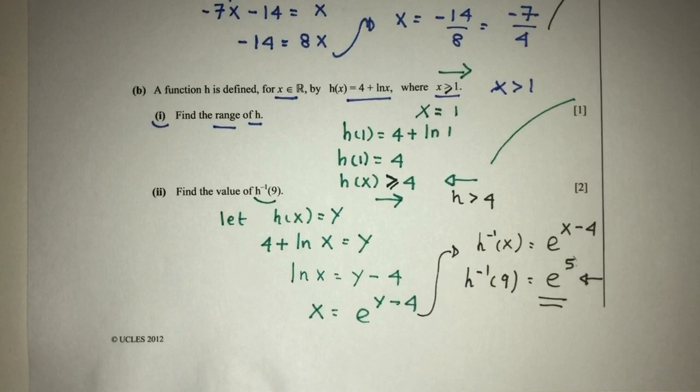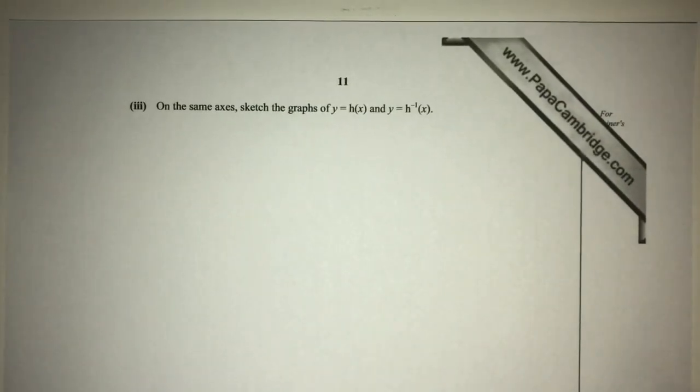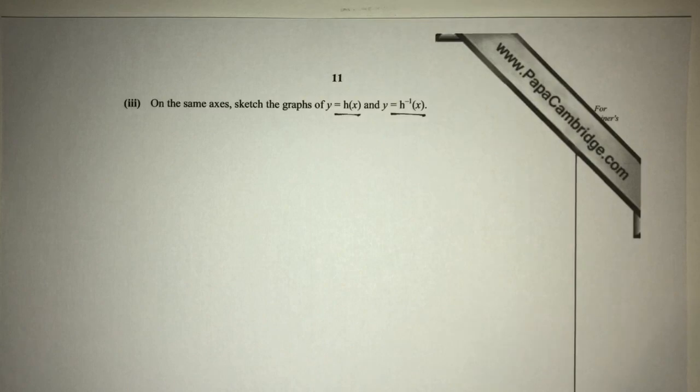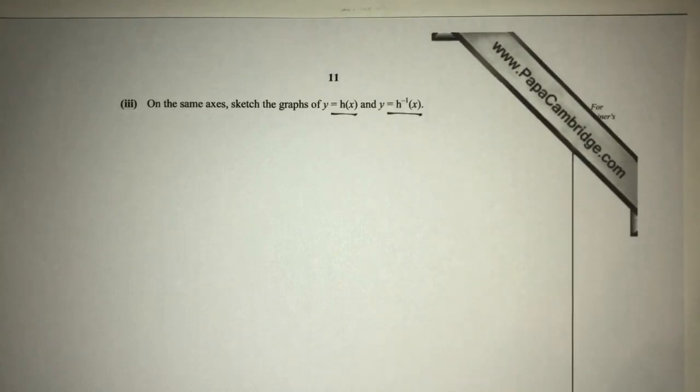Now for part 3, on the same axis below, sketch the graph of h of x and h inverse of x. This question comes out pretty much all the time, right?